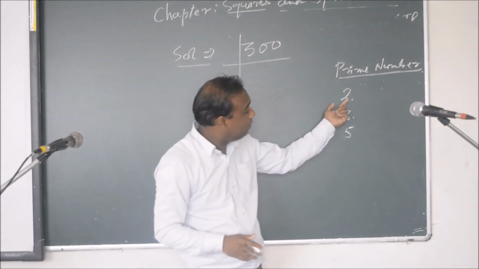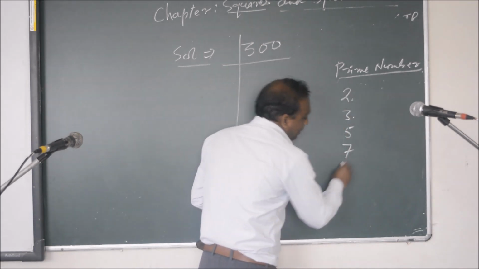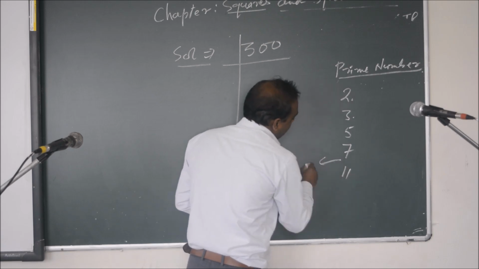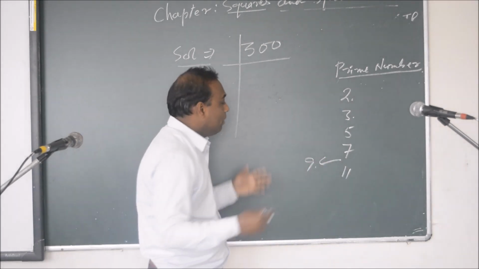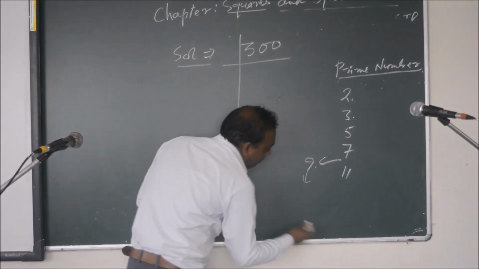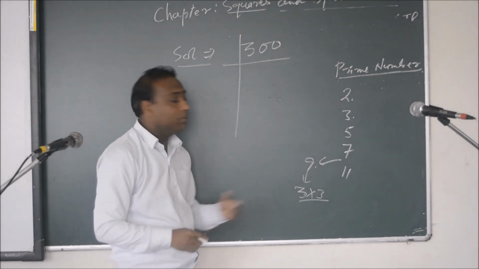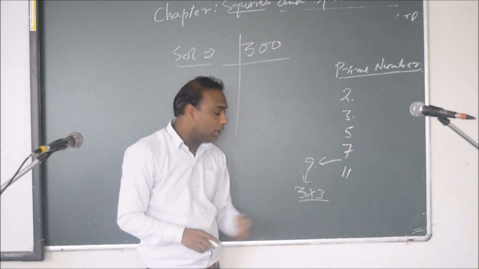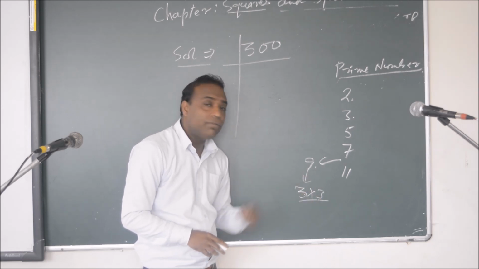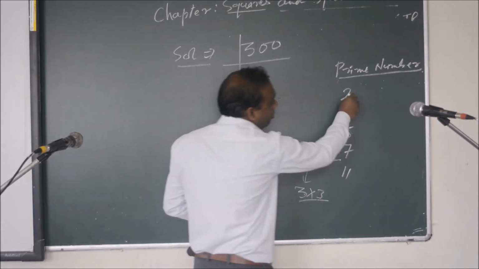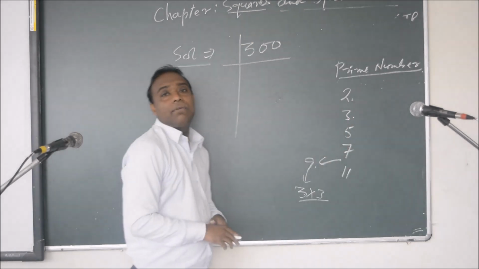Numbers like 2, 3, 5, 7, then 11. Here 9 is missing. Why is 9 not a prime number? Because 3 is a factor of 9. When you multiply 3 and 3, you get 9. So these are the factors. But 2, 3, 5, 7, 11 do not have other factors.